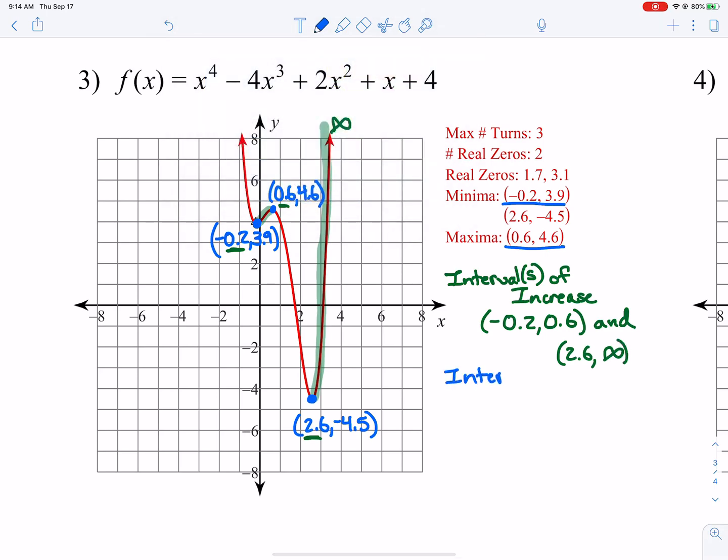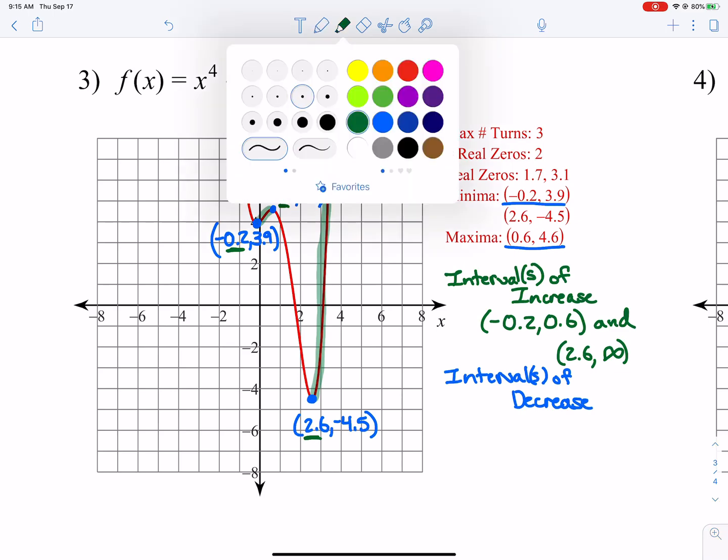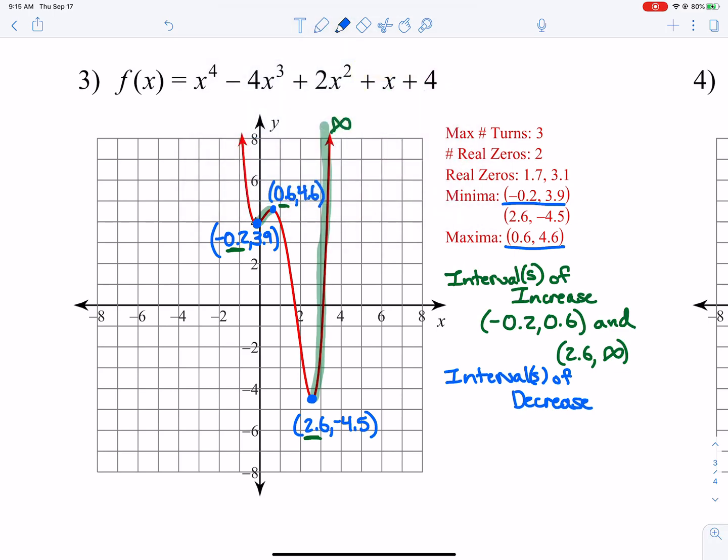Okay, and let's pick out intervals of decrease. And you don't have to write these in this order. You could put decrease first and increase second. It's just the order I've gone with for these examples. All right, so it's decreasing in this first interval from negative infinity up to that x value of negative 0.2.